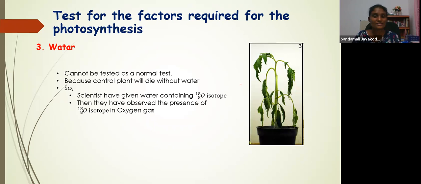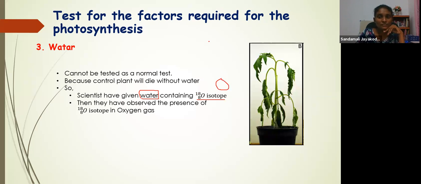So we can't do this in a laboratory, but scientists have used a particular method to check whether water is absorbed by the plant. What they have done is they have used water labeled with the oxygen-18 isotope. Oxygen-18 is not a normal oxygen atom.